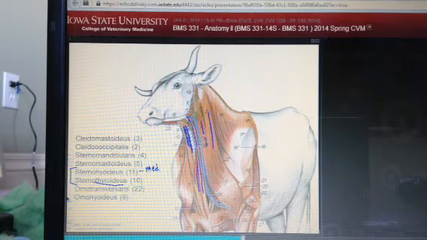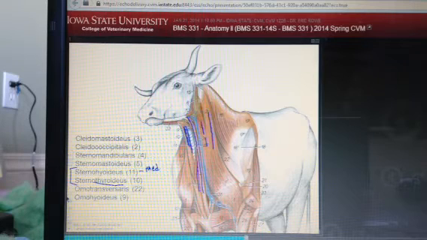Everybody remember where the sternothyroideus inserts? Thyroid cartilage. Perfect. Now, based on the insertion points of these two muscles, and the fact that the hyoid apparatus is responsible for coordinating movement between larynx and tongue, these muscles are important in swallowing, not really head movement.